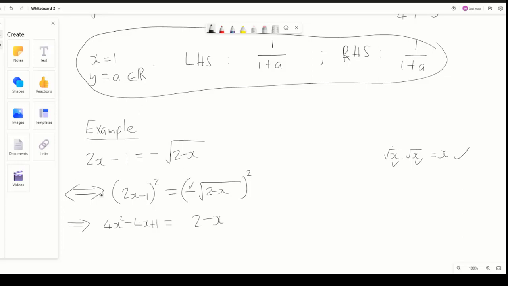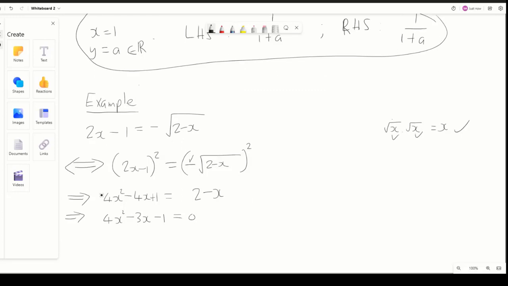So that ultimately now you can aim at factorizing the following. You have 4x squared, and when you take the x across to the left, or add x to the right-hand side, and subtract 2 on the right-hand side, you do the same on the left-hand side, so that you'll have minus 3x, and you'll have minus 1 equal to 0 now.